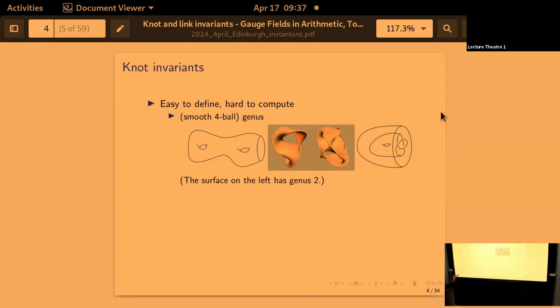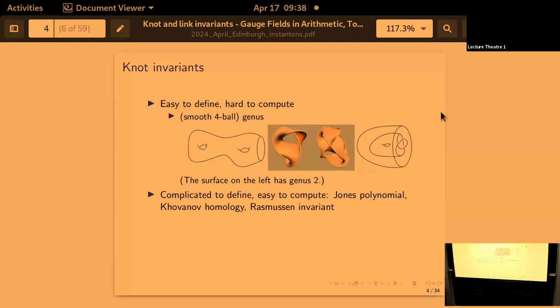So the smooth four-dimensional genus is going to be the minimal genus that's allowed as the genus of a surface that your knot bounds. Okay, so this is easy to define, right? I just wrote down the definition pretty quickly, but it's kind of hard to compute because, given a knot, you'd have to look through all surfaces that it bounds.